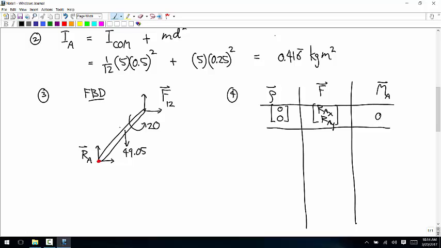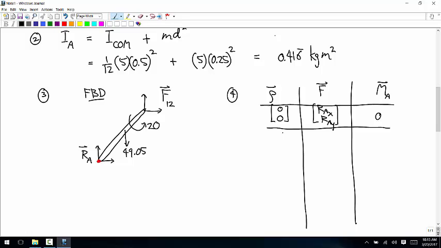And then what's the row vector for the weight force? So it's 0.25 times cosine and sine of 45.